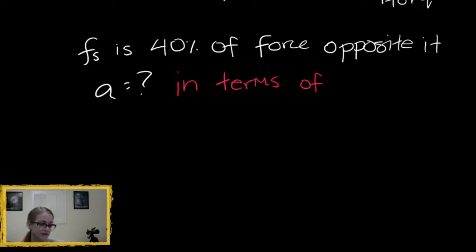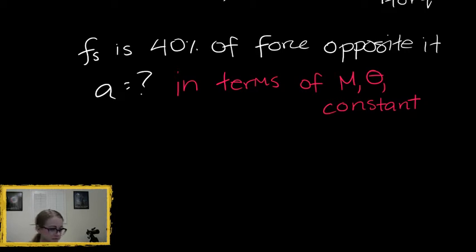Well, the problem says m, theta, and constants. Mass, angle, numbers like g, big G, Coulomb's constant K, permittivity, something that is like a set value on our equation sheet. That's it. That's what we can have.